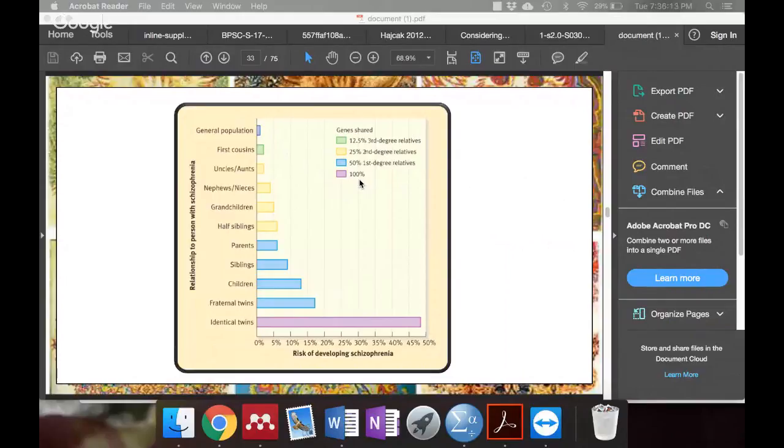And this risk decreases in sort of a graded fashion, depending on the genes shared between you and the relative that actually has the disorder. So as you move away from the amount of shared genes in an identical twin situation, your risk is going to decrease.